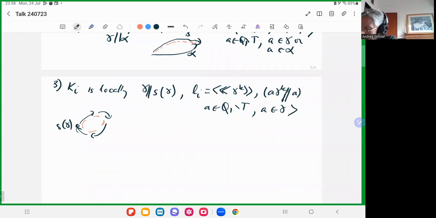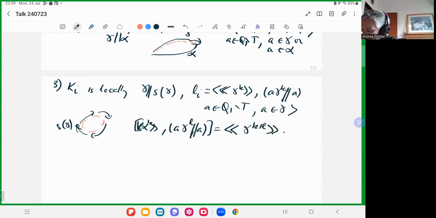So which is the Lie bracket here? Well, the bracket of this element, gamma k, with A gamma l parallel to A, we obtain using the Leibniz identity. It's not necessarily the same k, but it's going to be an l here. We obtain the element gamma k plus l.